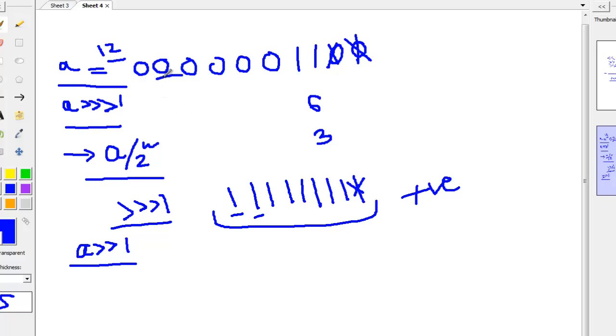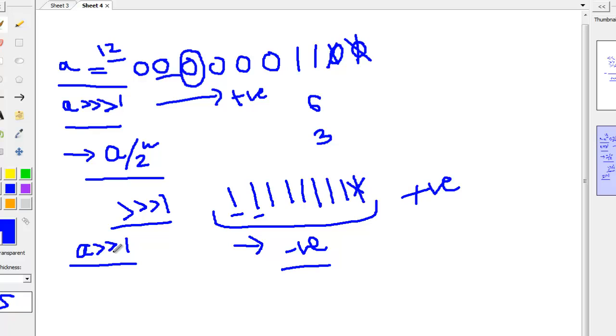In the other case, when we shift towards the right, the system will check the extreme left bit before shifting, which was 0, so it will add a 0. So a positive number will continue to be positive and a negative number will continue to be negative. This is how the right shift operates with the signed operator.